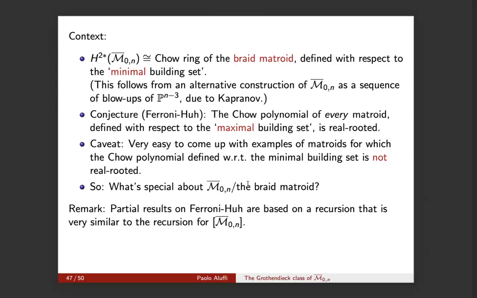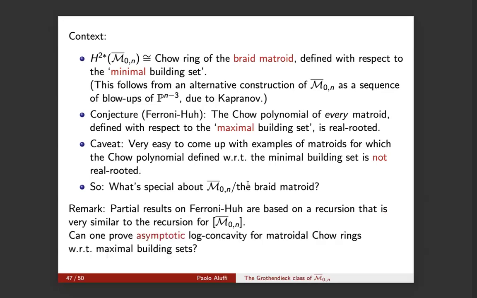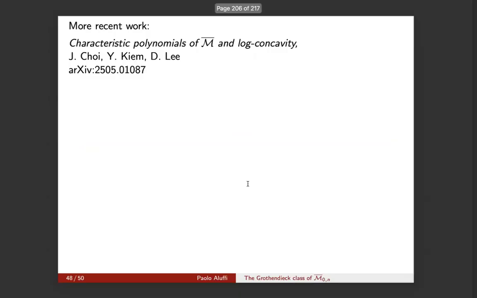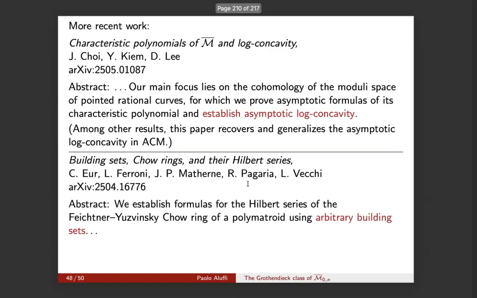All right, so now I want to really wrap it up because my time is up. Let me just mention a few recent additions to the literature. There's beautiful work from last year of Choi, Kim, and Lee, where they can establish log concavity in a broader context. So they recover the asymptotic log concavity I had a couple of slides ago.